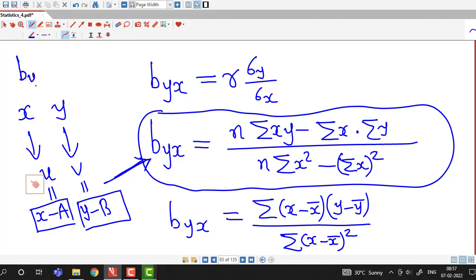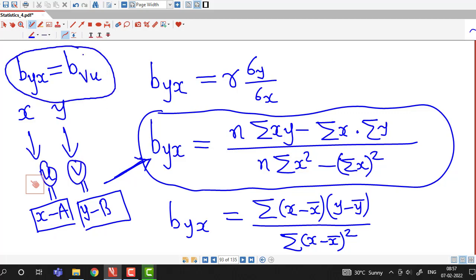That is, regression coefficient between x and y and regression coefficient between new variables u and v are same. So we can obtain the formula for bvu by replacing x and y by u and v in this formula, and because we are taking this change of origin, calculations in terms of u and v will be smaller as compared to calculations in terms of x and y.